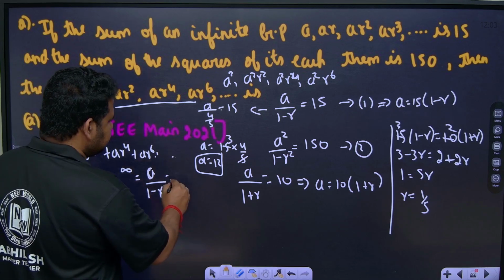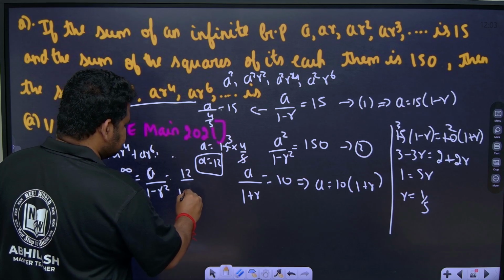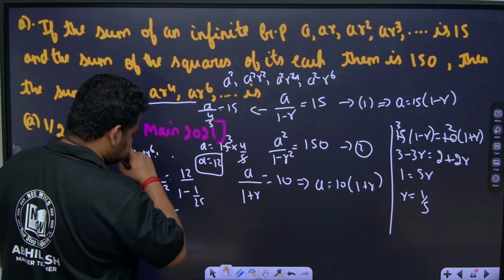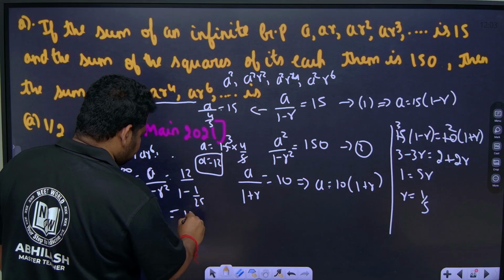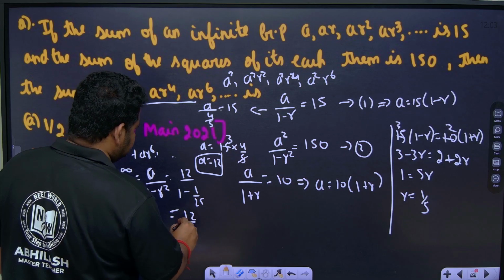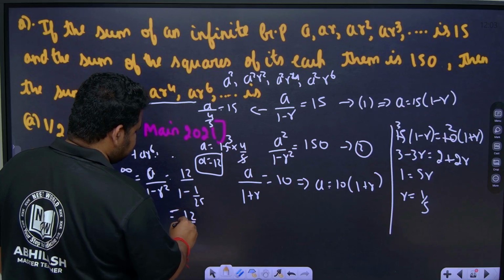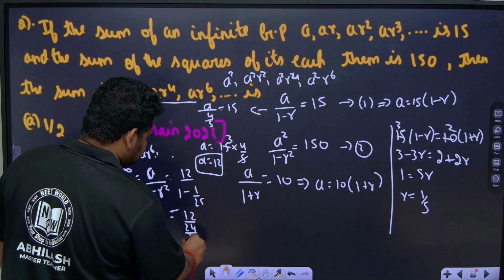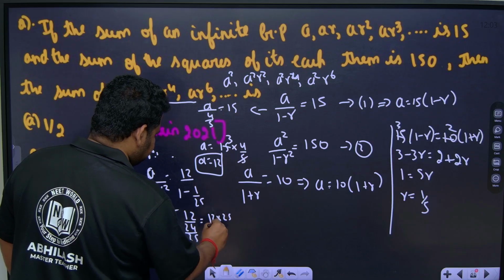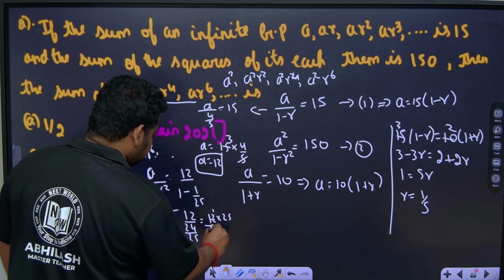So A is 12, and 1 minus r square is 1 minus 1 by 25. So this will be 25 minus 1 is 24 by 25. So this will be equal to 12 into 25 by 24.